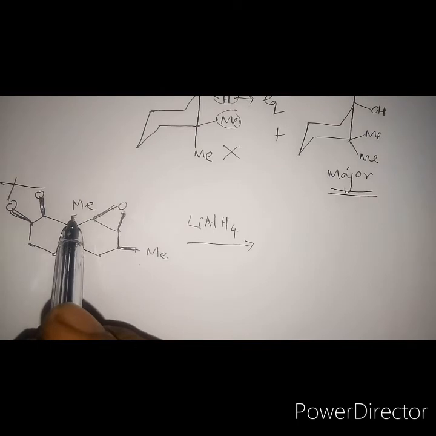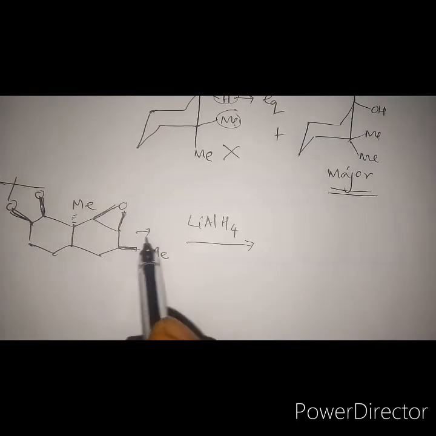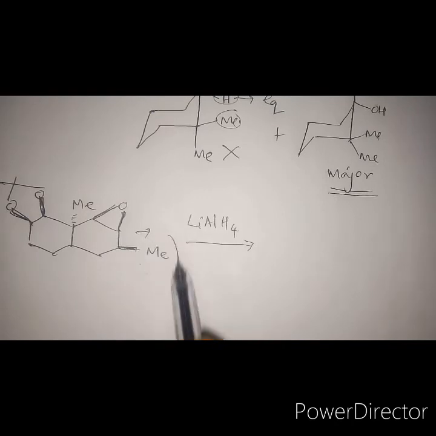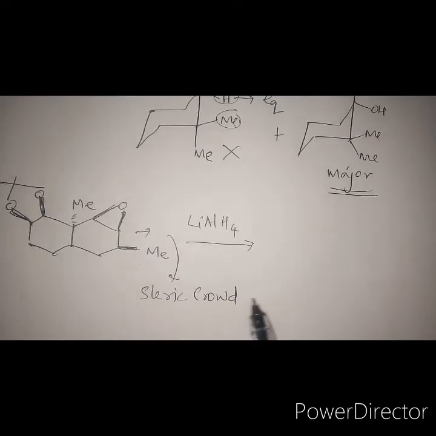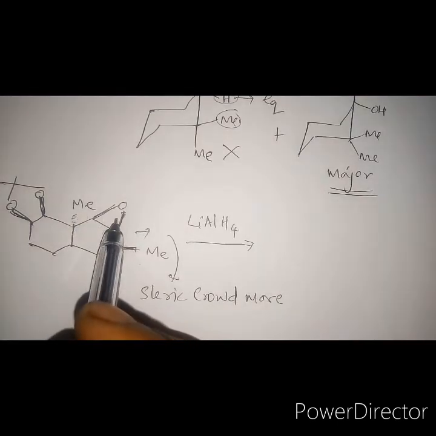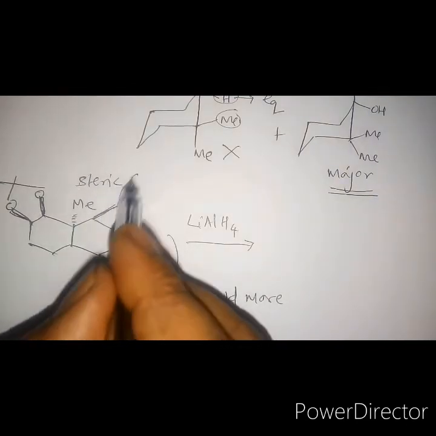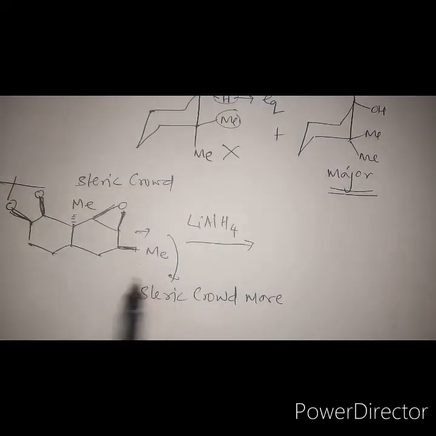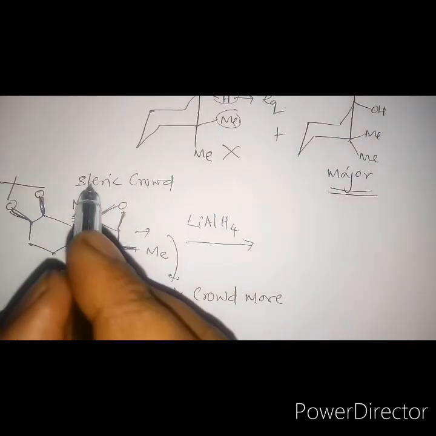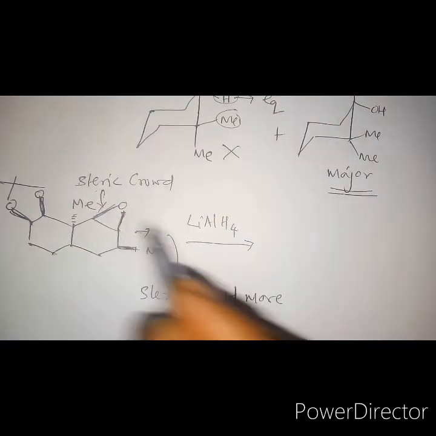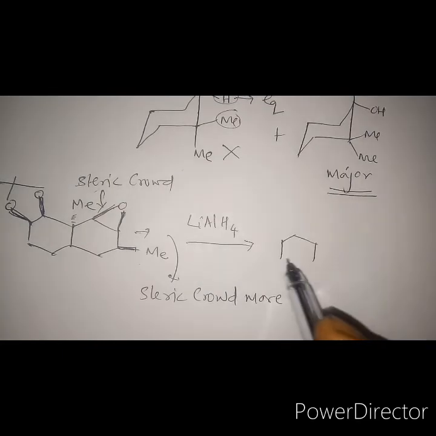Because here the methyl group is below the plane and this is above the plane, there is more steric crowding. But here one is above the plane and another is below the plane, so the steric crowding is minimum compared to the other. Therefore H minus will be transferred on this side.